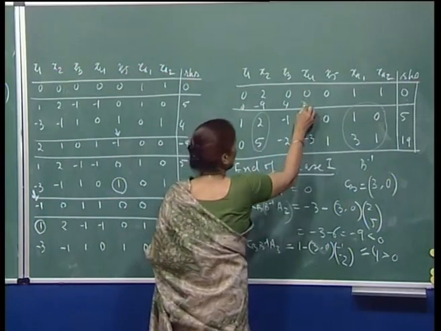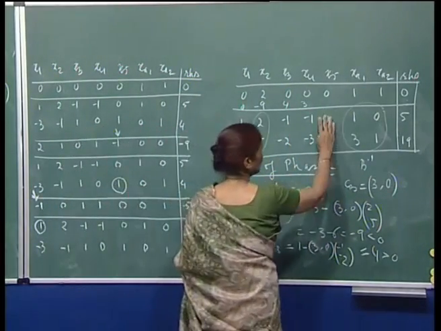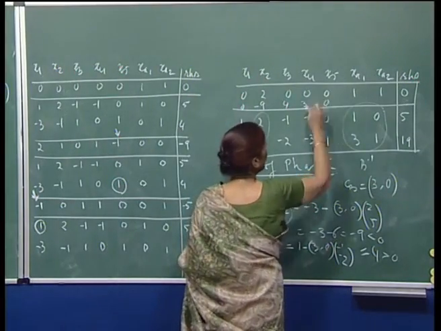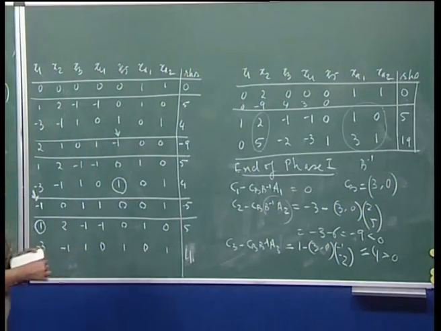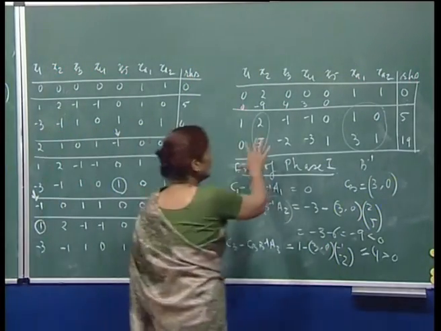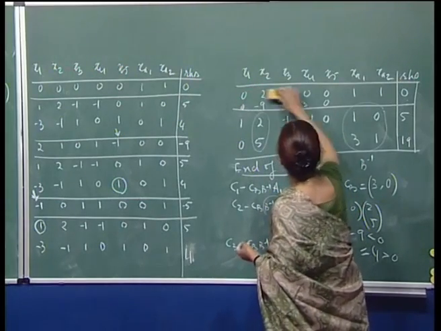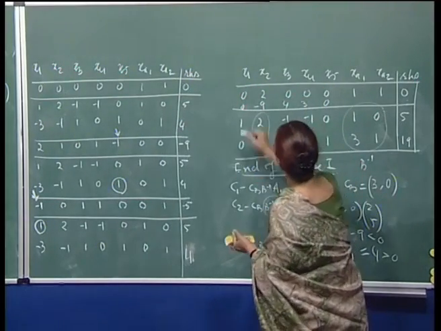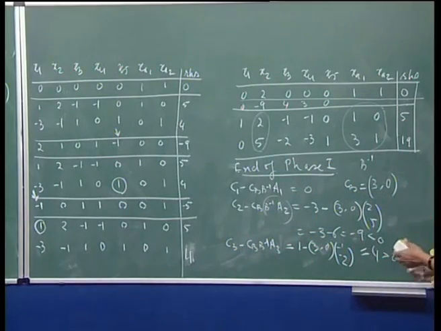So this is 3 here, and finally I don't need to do it for this. X5 is a basic variable, which will also be 0 here. You can verify the computation, it will be 0. So you see, now I have new Cj bars, everything else is the same. I can get rid of this, but I'll leave it. So therefore you can start your phase 2 from here, right.